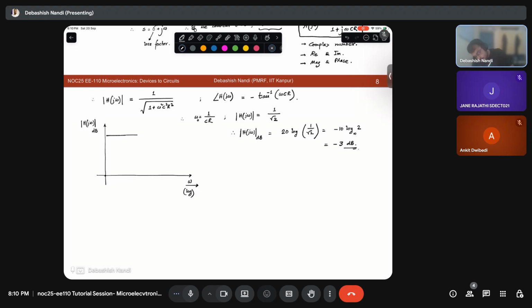So the point at which it falls to minus 3 dB from its DC value is basically called what?